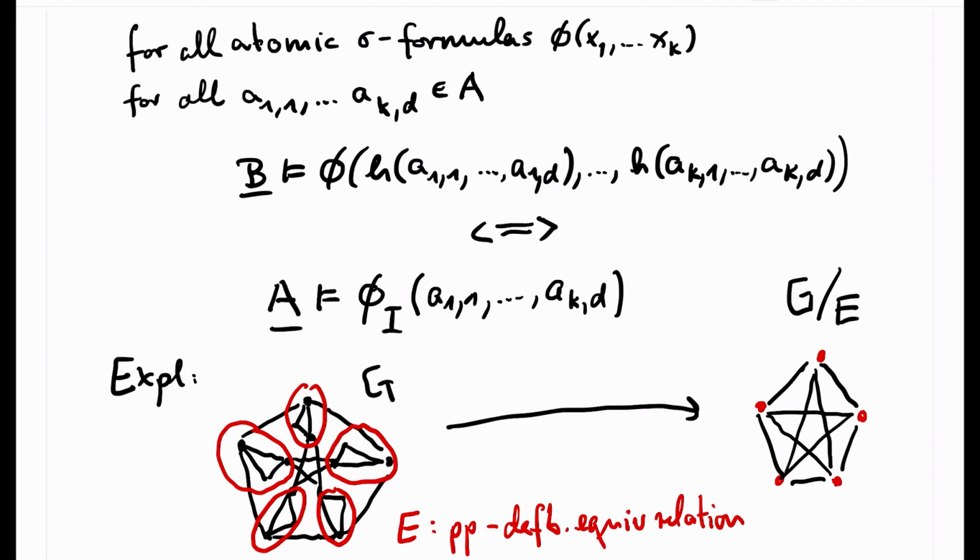And then the edge relation in K5 can be defined primitively positively from the edge relation in G. The idea is that we can obtain K5 by defining the edges on the equivalence classes of E. We basically contract the equivalence classes of E into single vertices and we obtain K5.